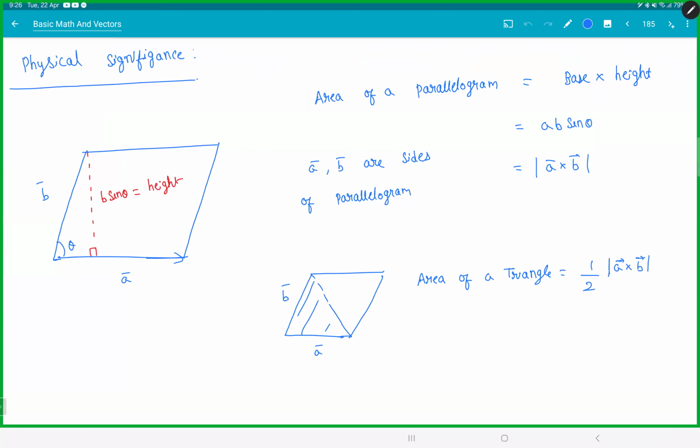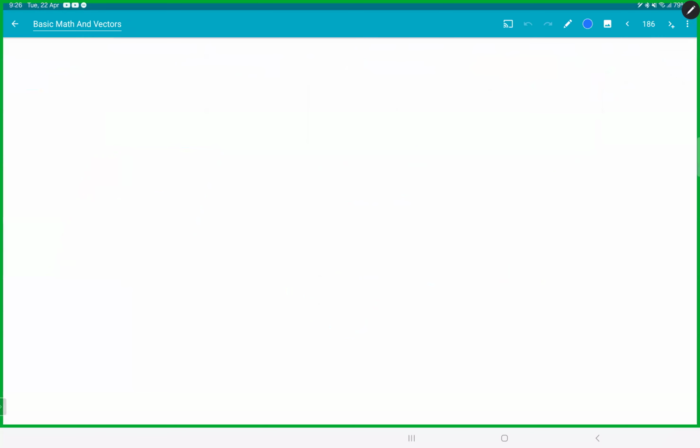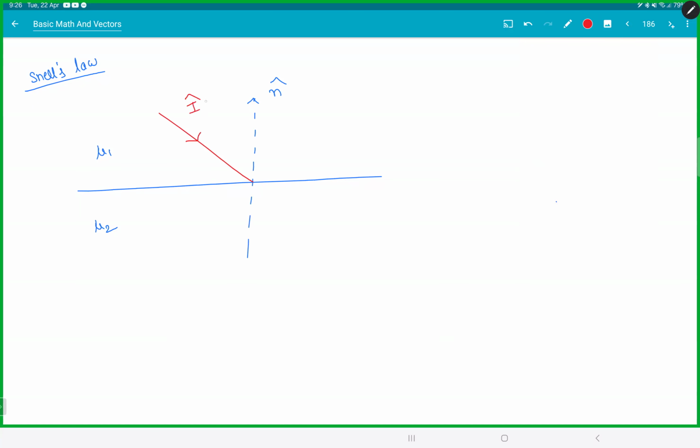Clear with this? All got this thing. So if you want to use this in refraction, Snell's law, it is not a big one. So if you have a medium mu1, if you have a medium mu2, this is your normal vector. Let's say this is your incident vector I cap, this is your refracted vector.